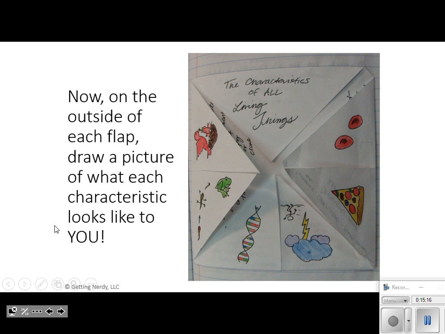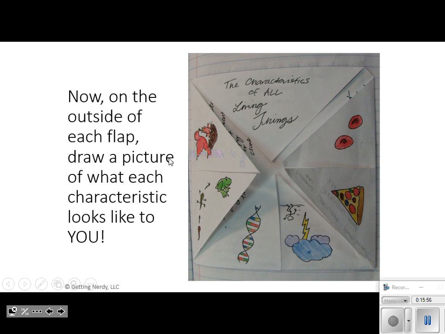Now, what your job is, we've got this thing made. See how I have pictures there? You need to get a picture that reminds you of what is under the flap. So for instance, what do you think is under this flap right here? Grow and develop, right? What do you think's under this flap?